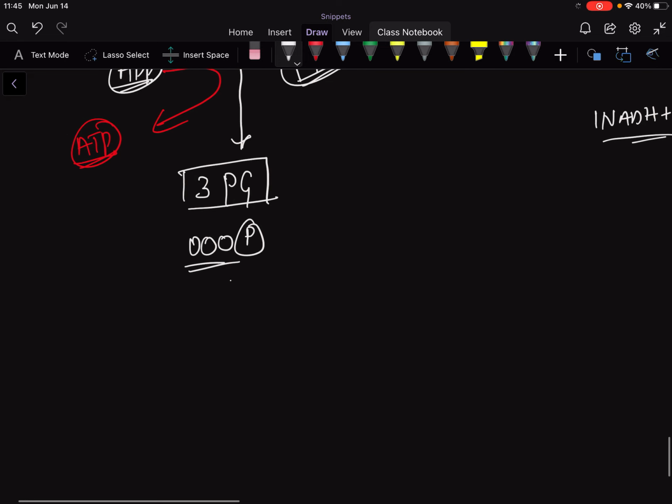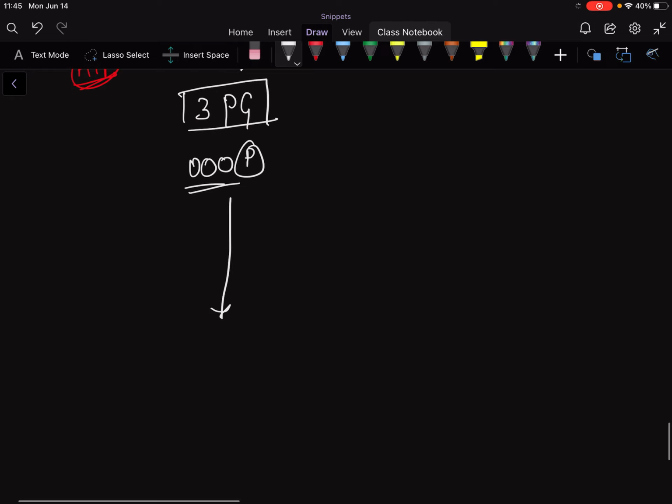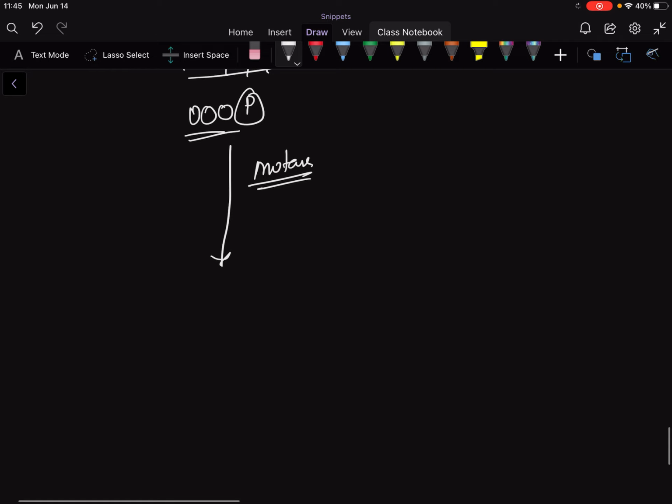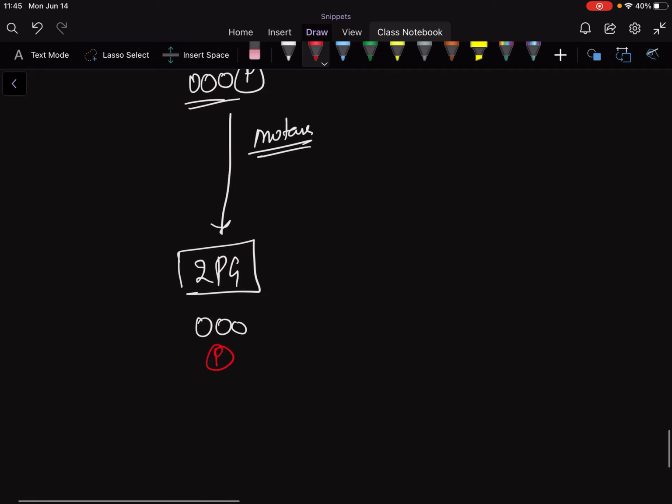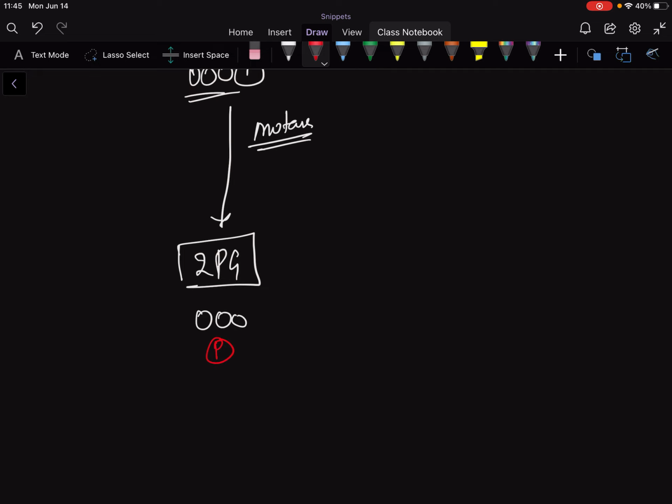And again this 3-phosphoglycerate, by the enzyme mutase, is converted into 2-phosphoglycerate. It means the phosphate is shifting from the third position to the second position. That's why it is called 2-phosphoglycerate.